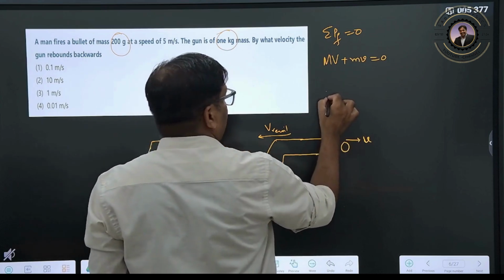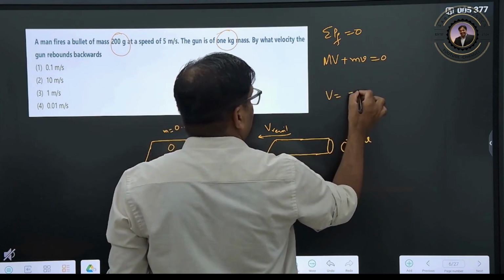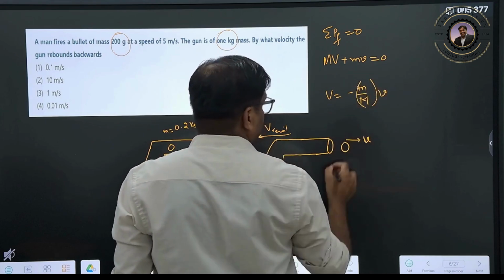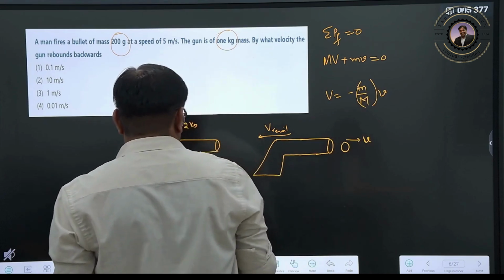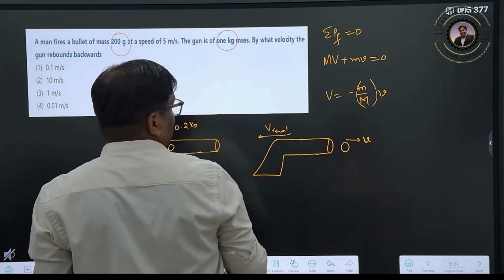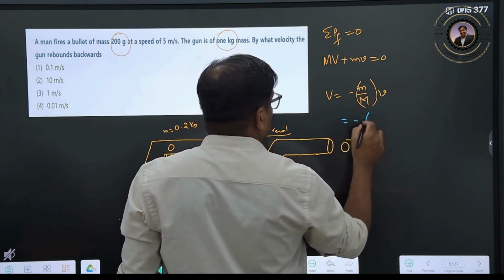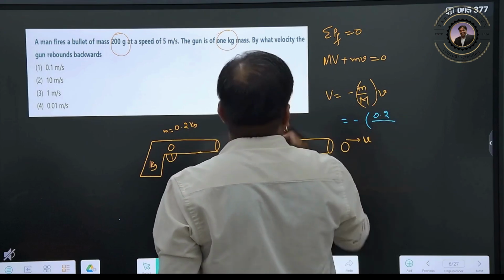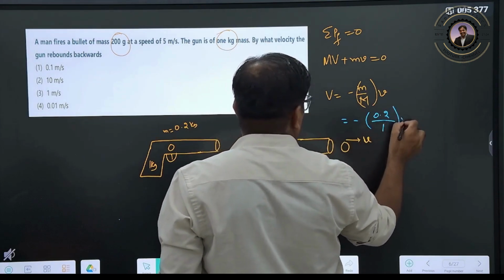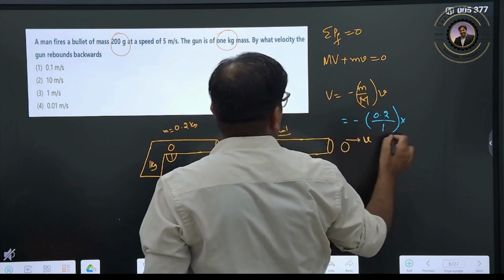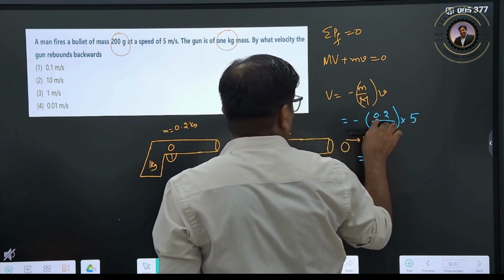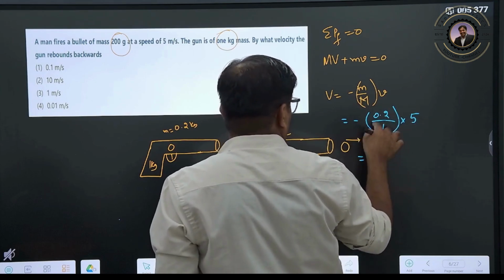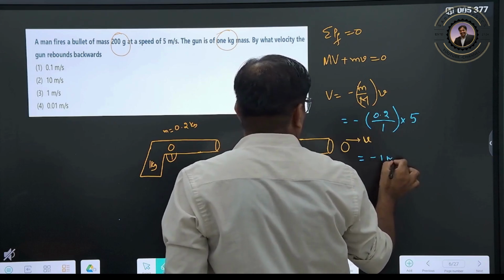We want to calculate the recoil velocity, so V equals minus small m by capital M into v. You can solve the problem very easily. Substitute: minus, the mass of the bullet is 0.2, the mass of the gun is 1 kg, the velocity of the bullet is 5. Multiplying, 0.2 times 5 is 1, so minus 1 meter per second.